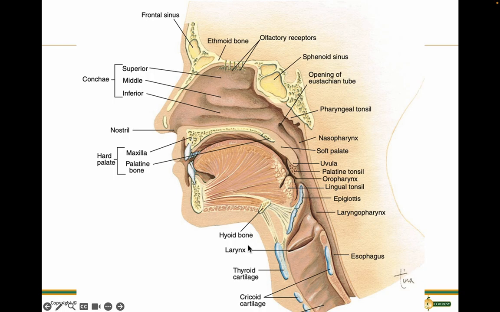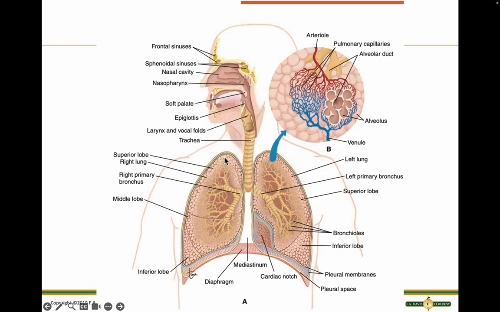This is just another picture. This one is from your book of the same thing, but I wanted to include it. It has a lot more detail, a lot more labels. This is now a picture of the entire respiratory tract, including one of the main muscles that controls ventilation or respiration, the diaphragm.